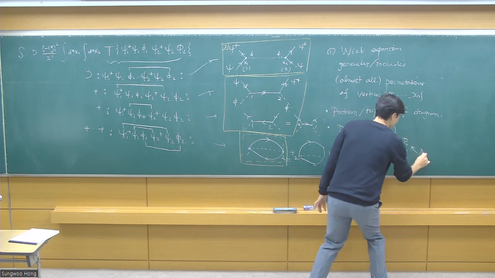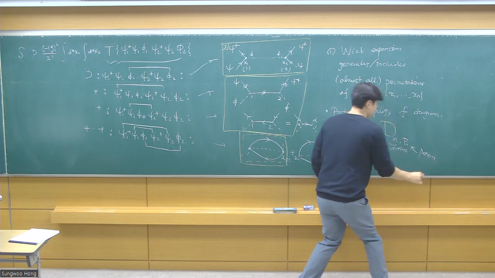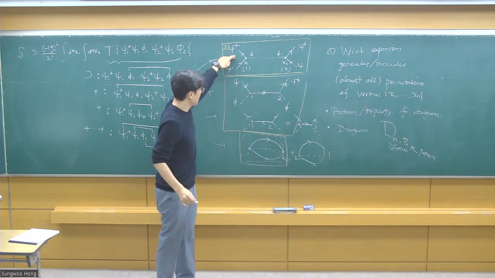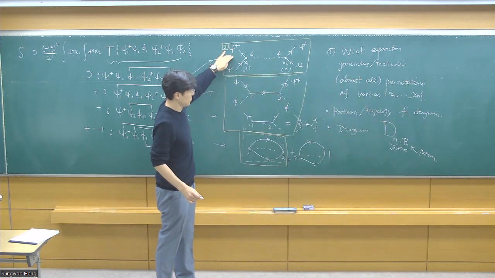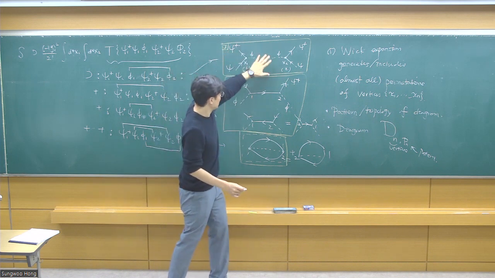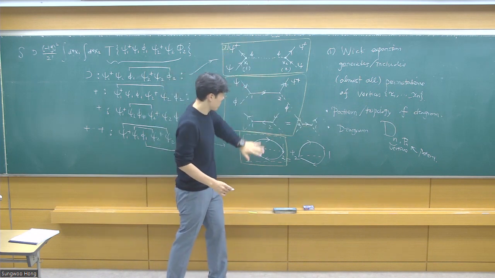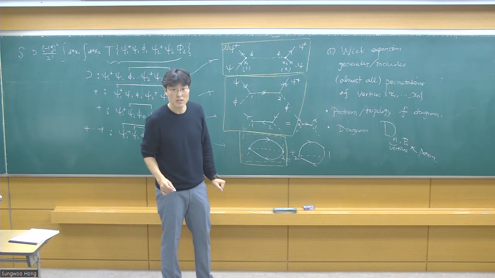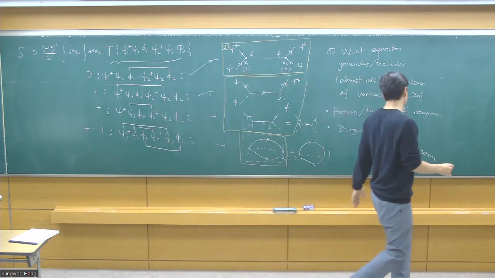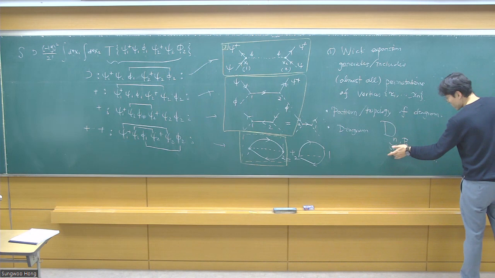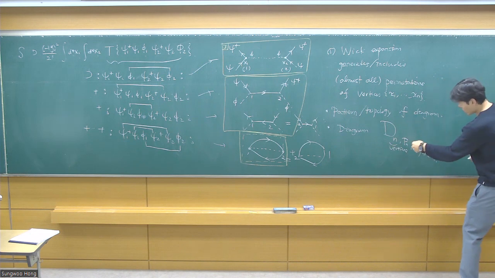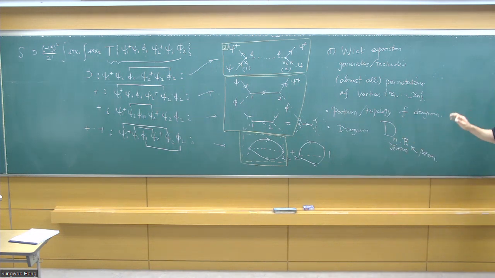This is pattern at nth order. So for instance, n is 2. This is one kind of pattern, this is another pattern, this is yet another pattern, for instance. Okay, so this is my notation for a diagram with n vertices and then a given pattern. This can run from 0, 1 to 3, whatever, different kinds of patterns.